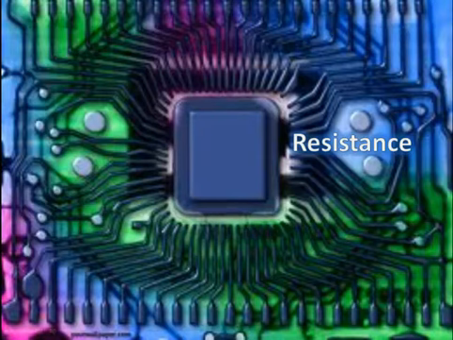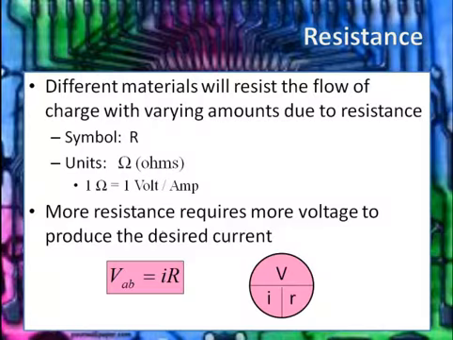Now, the next topic I'd like to talk about is the idea of resistance. Different materials resist current to different amounts, and that quantity of how easily current flows through something is called its resistance. Some objects are very good at resisting current, and we call them insulators.